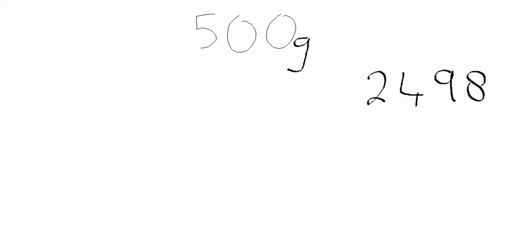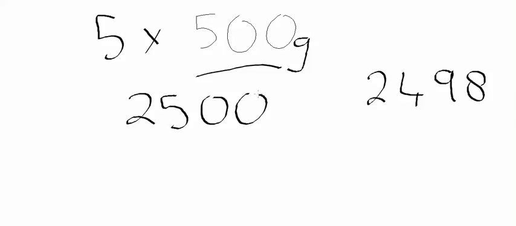How do we prove that we've got that amount if we've got 5 bags? Now, if we had the 500 that we've been given, then it'd be easy enough, because 5 times 500 is 2,500. But we don't necessarily have that value.